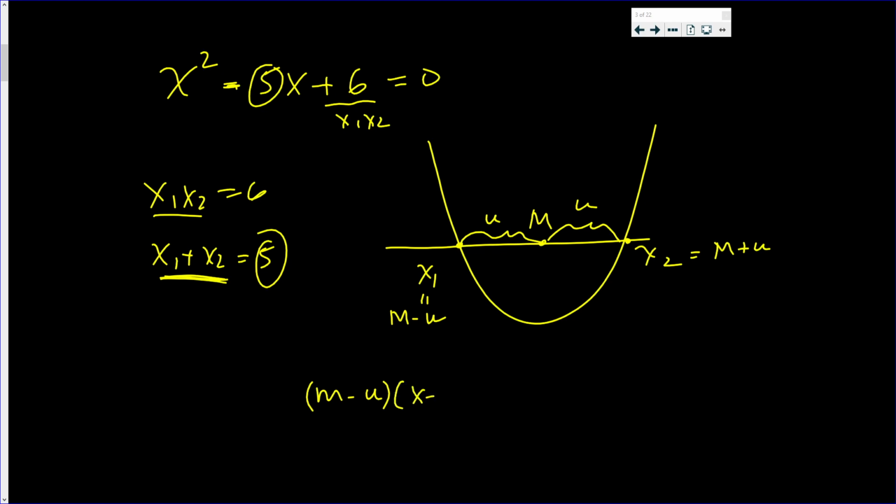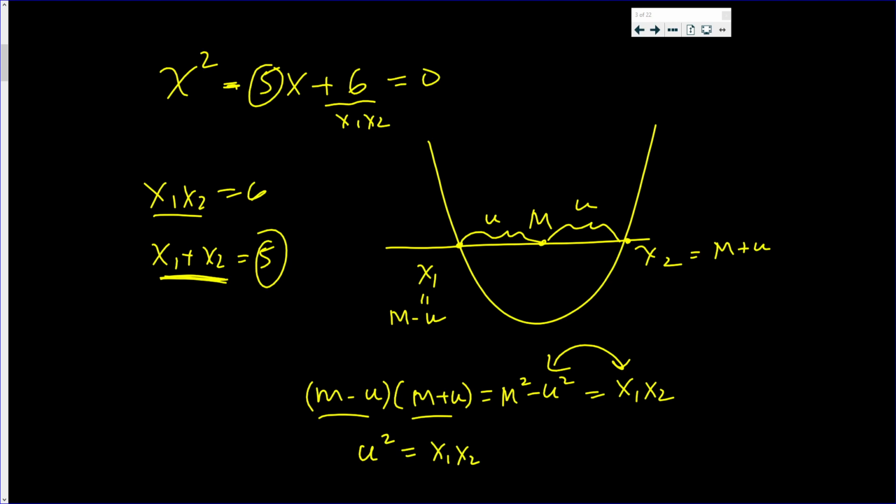We know that the product of the two roots, on one hand, is m squared minus u squared. This multiplies out nicely, and it equals x1 times x2. And if you swap these two, you get that u squared is m squared minus x1 x2, so u squared is m squared minus the product.